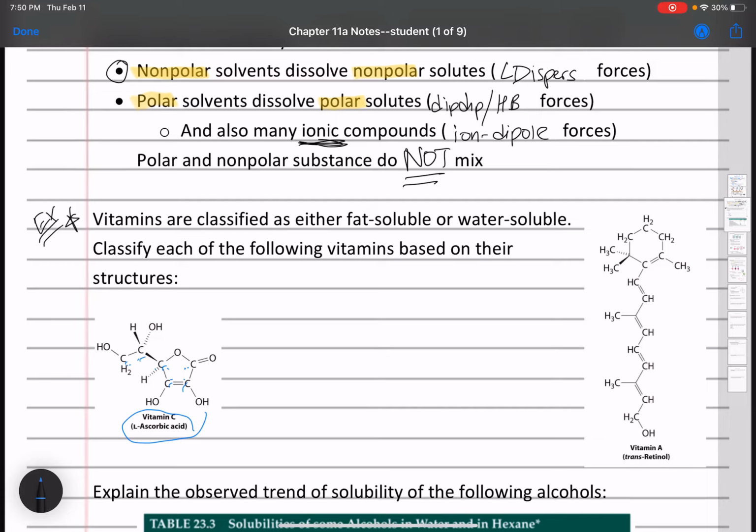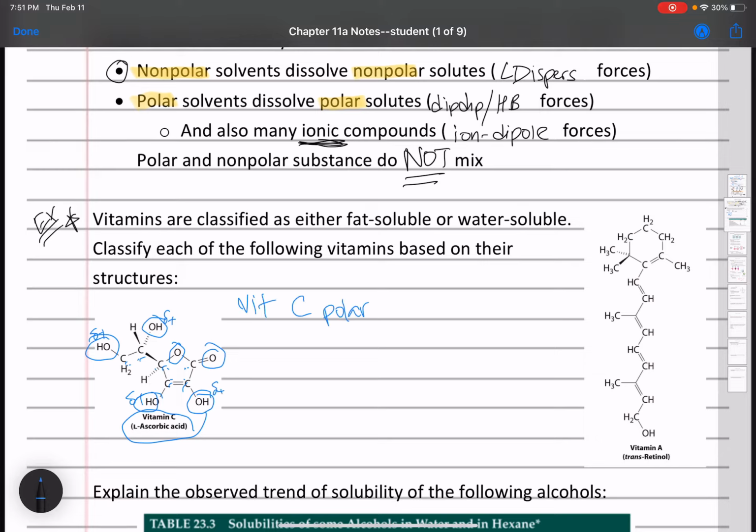There's a lone oxygen here, and then there's an OH group, an OH group, another OH group. So we know that there's a lot of electron hogs. There's even a few highly polarized hydrogens that could do hydrogen bonding. So this molecule is very polar. Vitamin C is very polar.